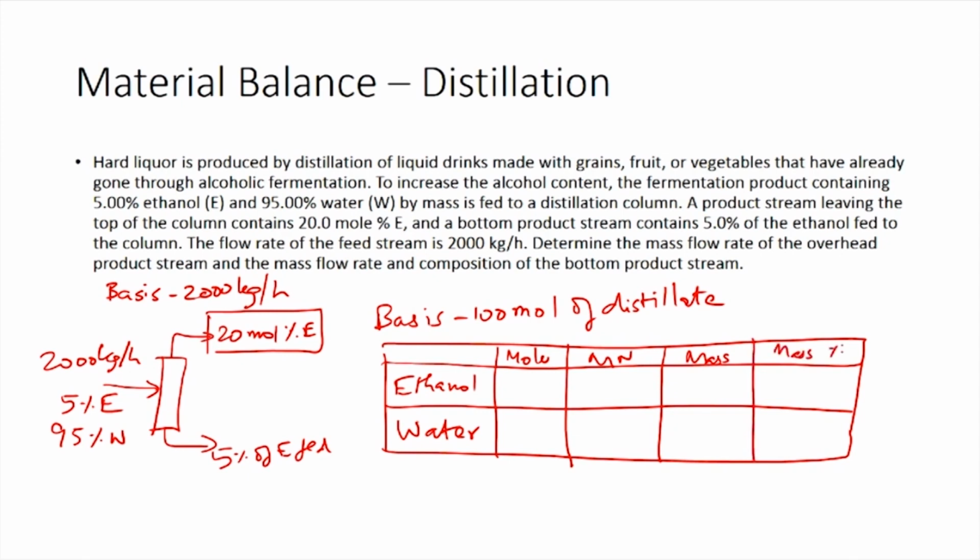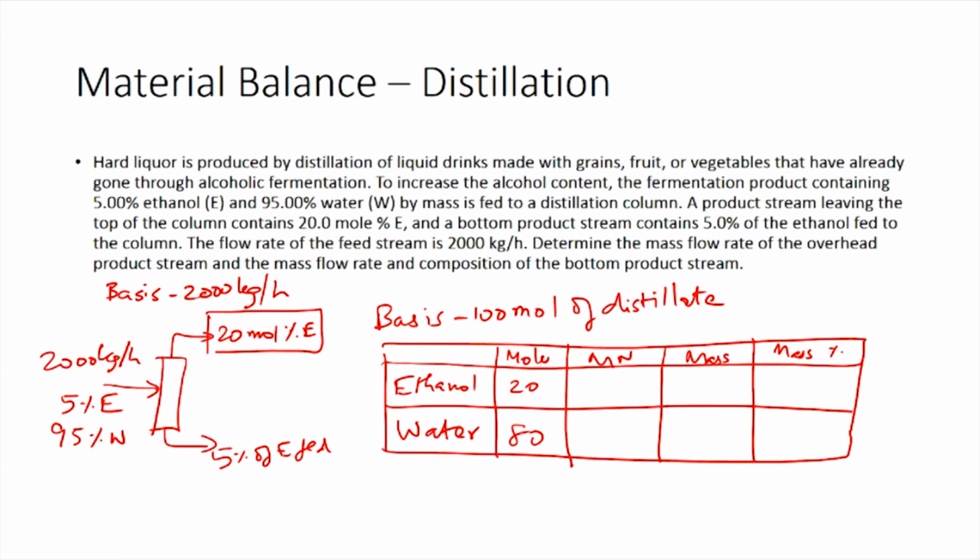So, the moles have been given as 20 mole percent and 80 mole percent for ethanol and water. Assuming the basis of 100 moles of distillate, we know that 20 moles of ethanol and 80 moles of water would be present in this 100 mole distillate.